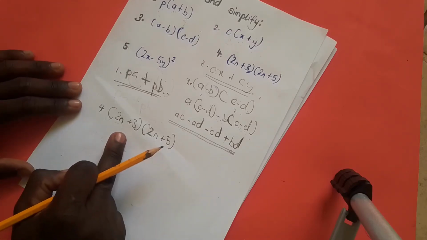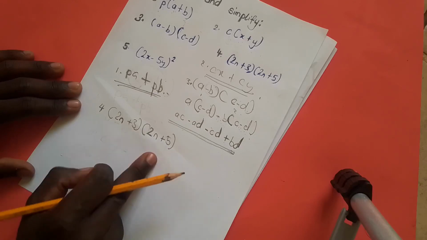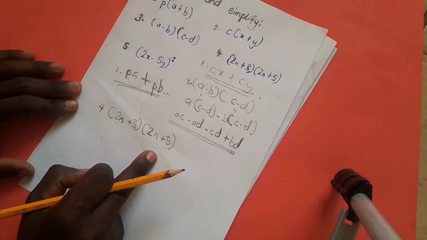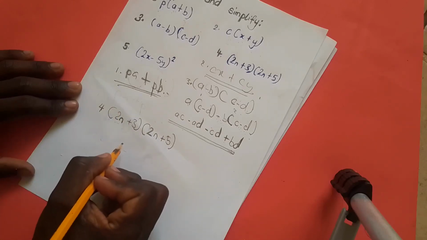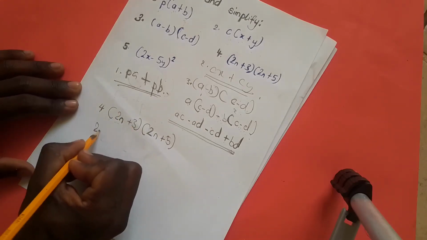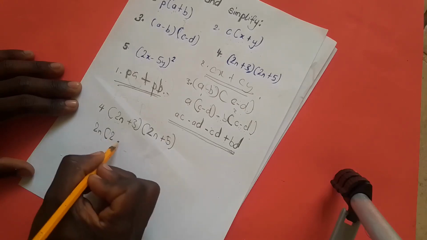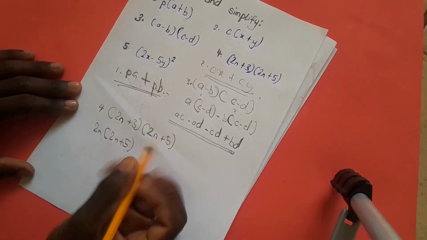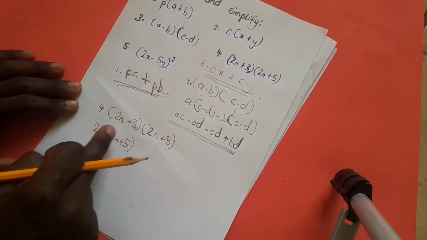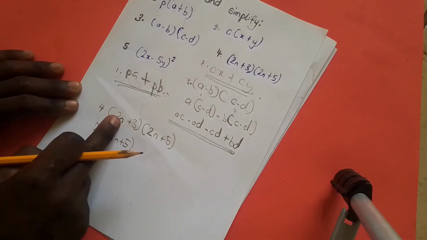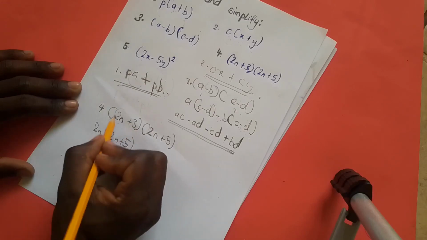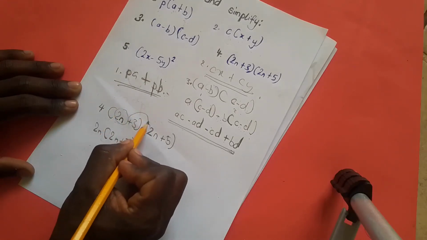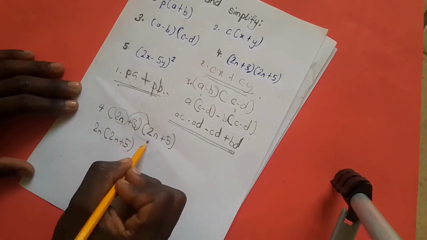So each and every term in the first bracket will multiply each and every term in the second bracket. Okay, just like what we did with question 3. So how is that going to happen? Okay, so 2n bracket 2n plus 5. This is the second bracket. This term is multiplying each and every term in this bracket, plus, this term will multiply each and every term in this bracket.